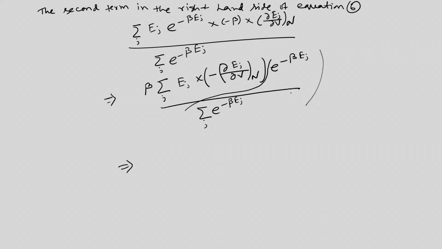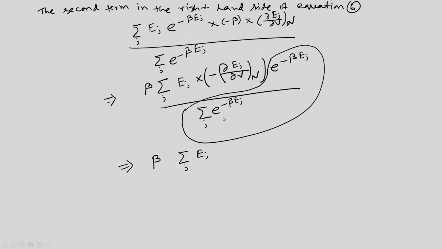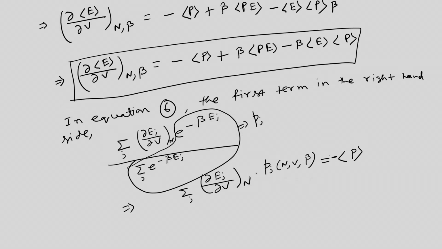This whole term is again nothing but probability. So we can write this as sum over j Ej, and this is nothing but pressure at the jth state, and then we have the probability of the jth state. So the whole thing is nothing but your variable now. So we can write beta times P E average. This is the second term of equation 6 that is present in the right hand side.